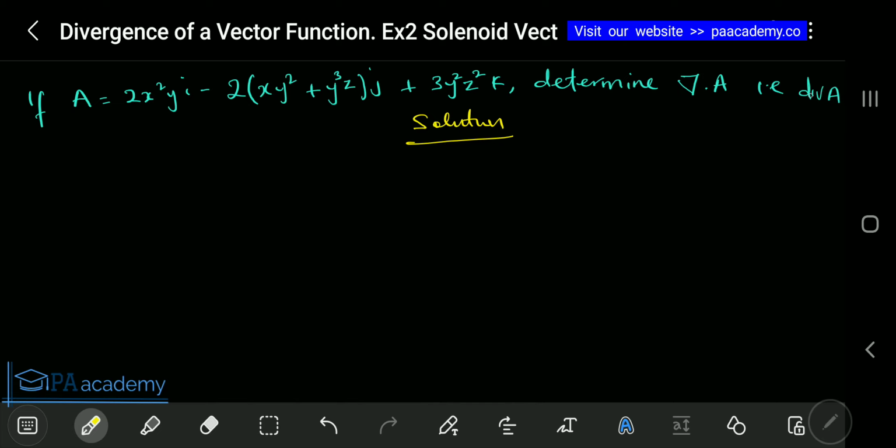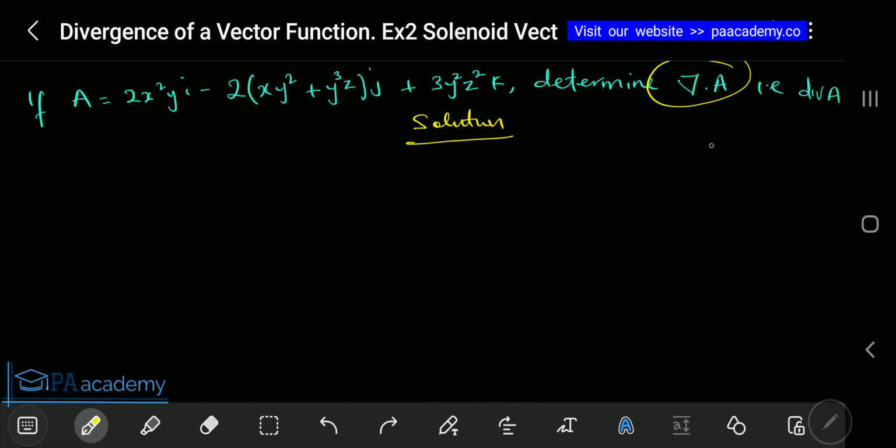So another thing you need to note is that sometimes the question will not tell you if it is divergence or gradient or curl. So you also need to understand the symbol. Exactly. For example, this is for divergence. So this question was straightforward enough to also add this to it, that is divergence. So that's one thing you need to take note of, how to identify divergence and how to identify curl.